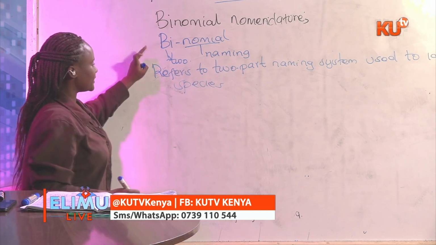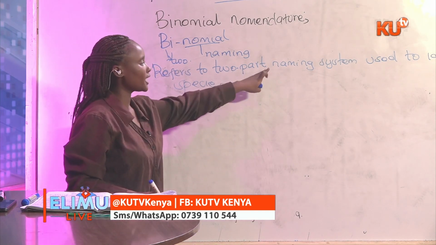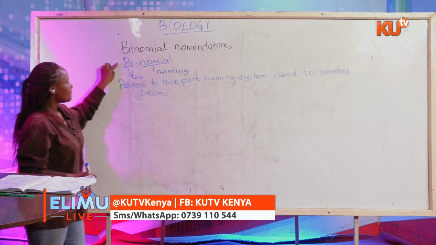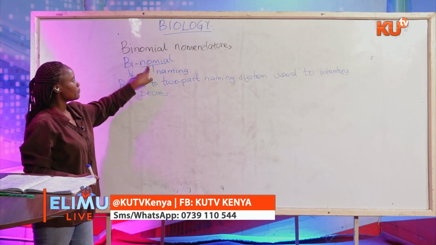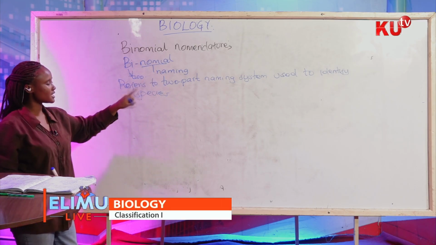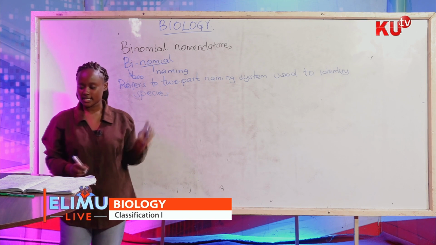So binomial refers to a two-part naming system used to identify species. Bi means two, nomial means naming. So it is a two-part naming system used to identify species.